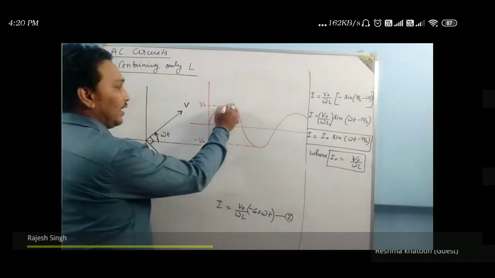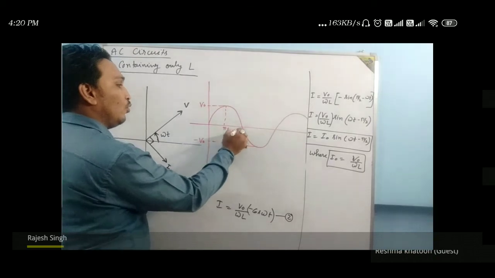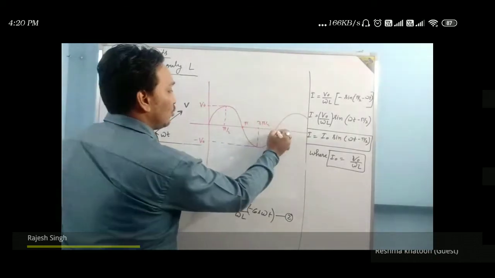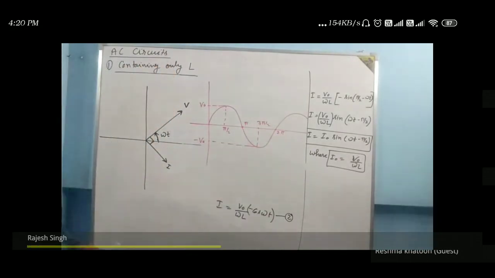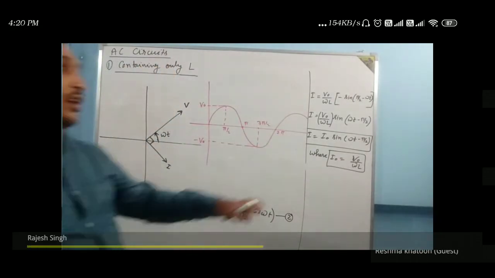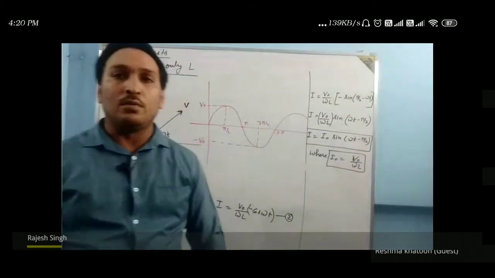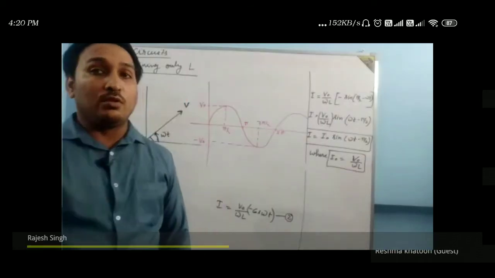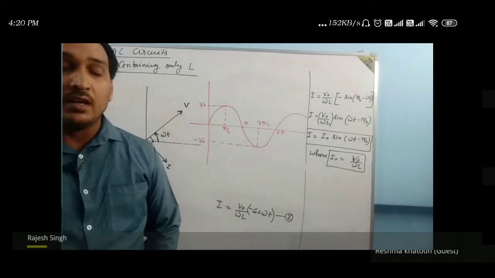This angle is pi by 2, this is pi, this is 3 pi by 2, and this is 2 pi. But for current, we need to make the graph of omega t minus pi by 2.